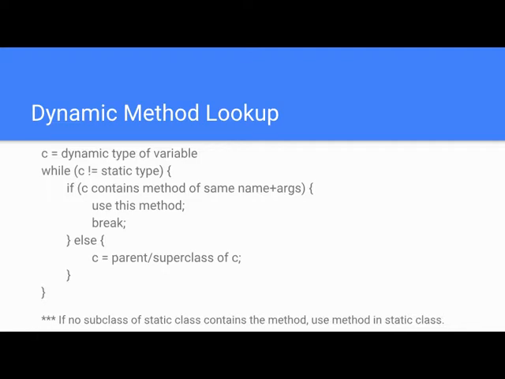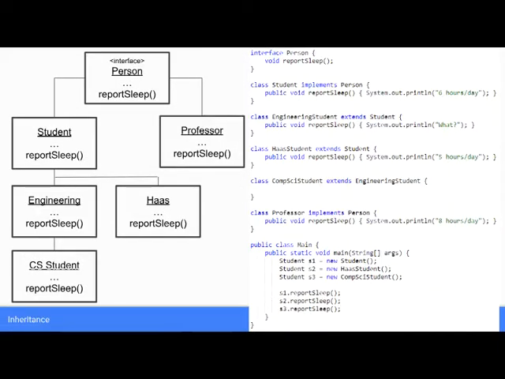I'm going to be referencing this pseudocode when we jump into these example questions. So it might seem a bit dry, but here we go. So question number 1. Up here we have this inheritance structure. We have an interface person, and all people sleep. There are 2 different people, students and professors.